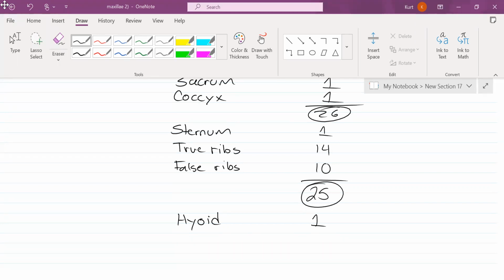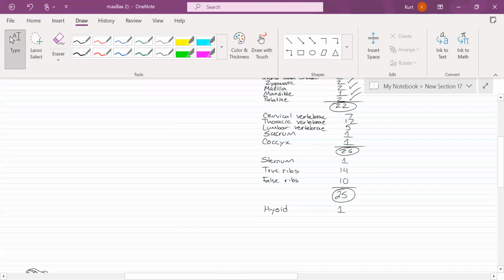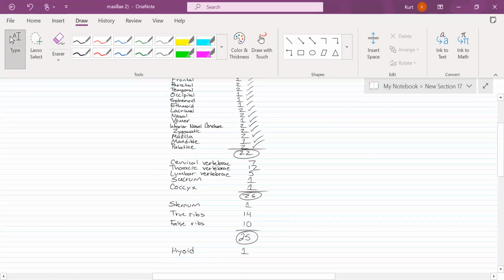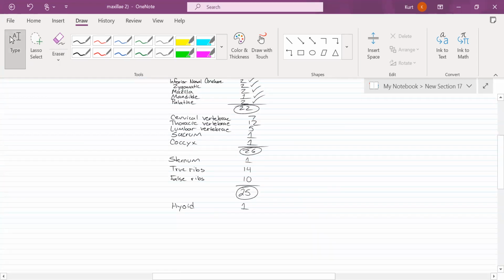Okay. So now that we have all that, let's do a grand total. Get out your calculator. And let's see what we have. 22 plus 26 plus 25 plus 1. Oh, I forgot some. My fault. Your ear bones.